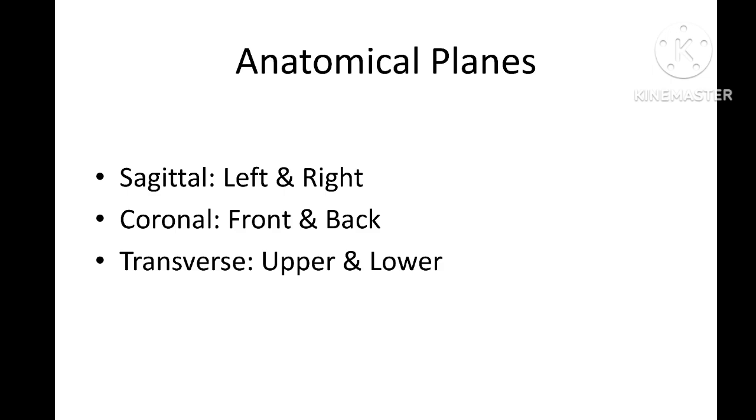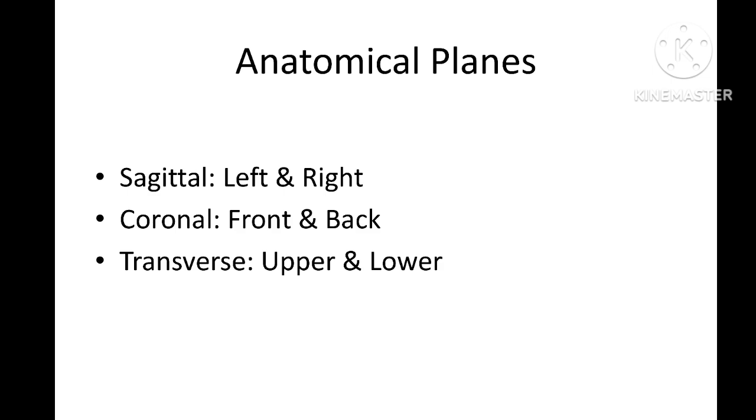Second one is the frontal or coronal plane. It divides the body into front, anterior, and back, posterior parts. Example, jumping jacks. Hands moving up and down in the frontal plane. Third one is the transverse or horizontal plane. It divides the body into upper, superior, and lower, inferior parts.